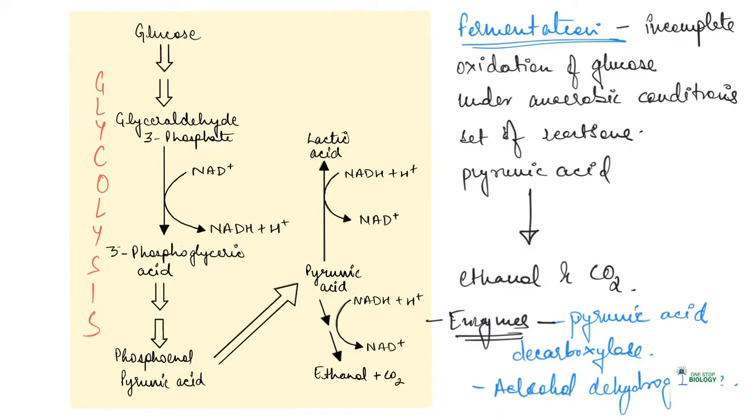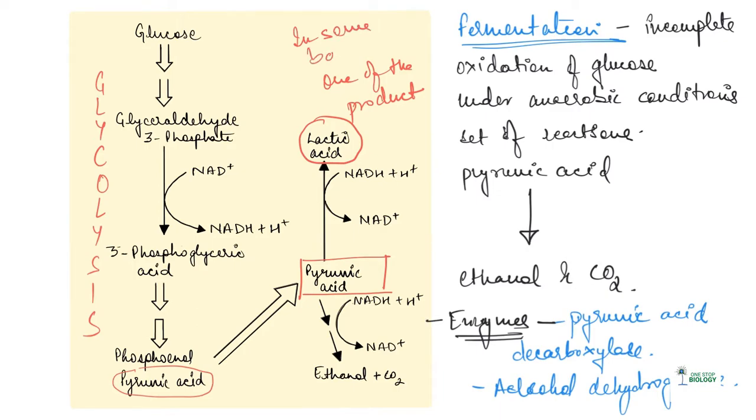Now, what happens in fermentation? Let's see what happens in fermentation after pyruvic acid is formed. After pyruvic acid is formed, it enters into the pathway of fermentation, right? Now this pyruvic acid is either converted into lactic acid, so one of the products in some bacteria is lactic acid, right?